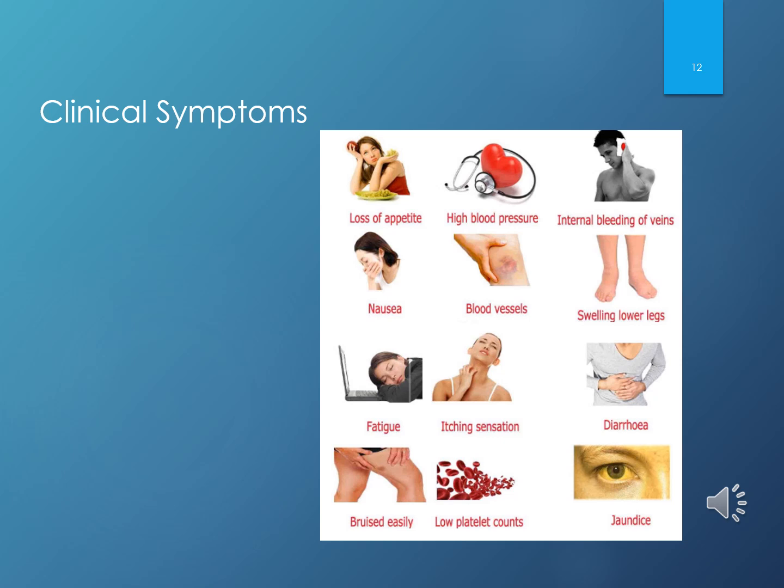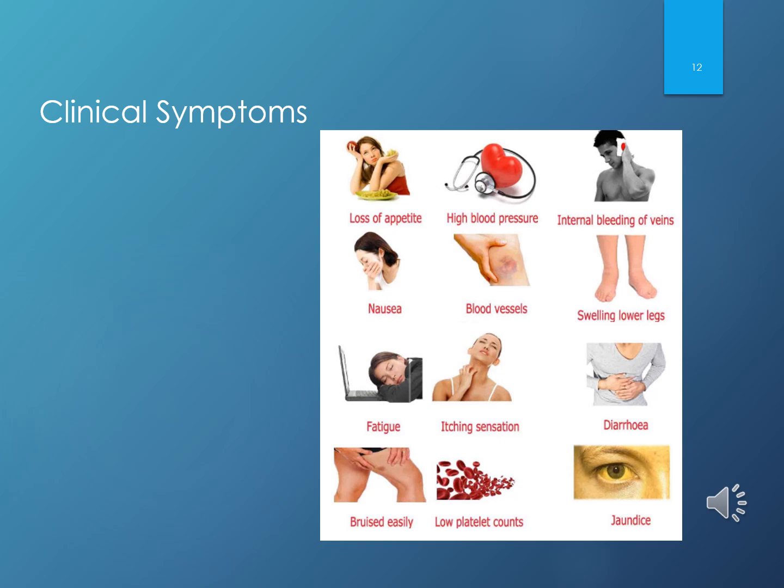So if you're looking at this list here, you can see the high blood pressure, internal bleeding of veins, the different blood vessels, swelling of the lower legs, bruising easily, low platelet counts, things like that are going to be affected by, well, the development of the platelets. The heparin, albumin, those things help keep the blood from clotting too quickly and then also still clotting when it's supposed to clot. And then also maintaining blood volume.